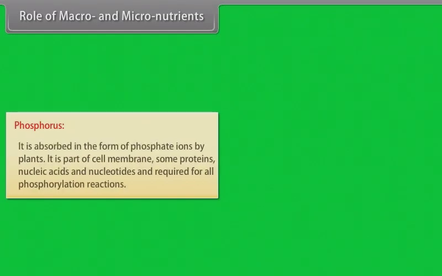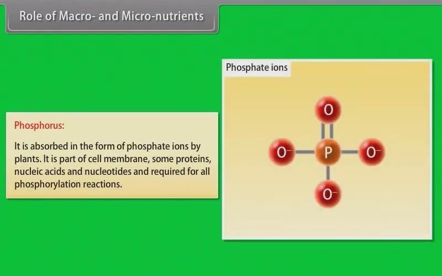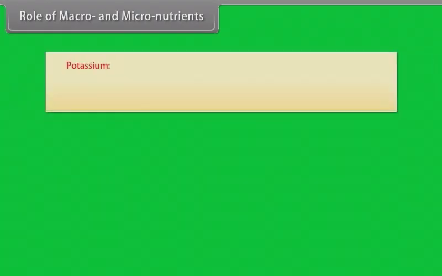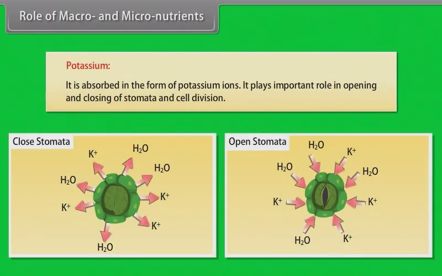Phosphorus. It is absorbed in the form of phosphate ions by plants. It is part of cell membranes, some proteins, nucleic acids and nucleotides, and is required for all phosphorylation reactions. Potassium. It is absorbed in the form of potassium ions. It plays an important role in opening and closing of stomata and cell division.